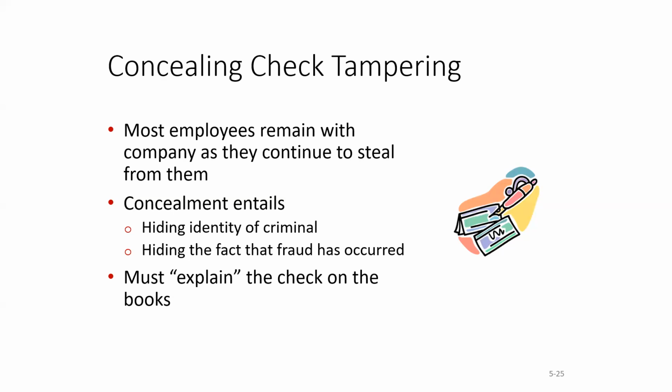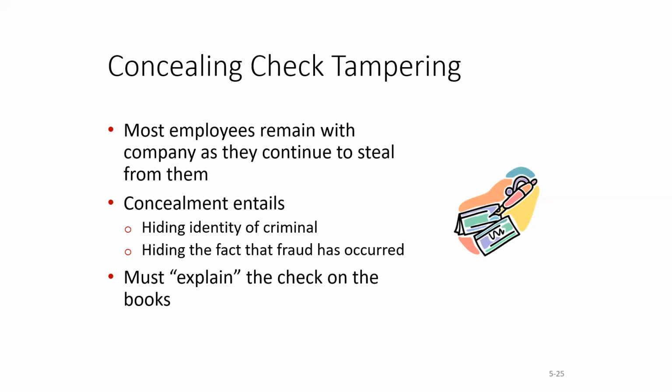Concealment of the fraud means not only hiding the identity of the criminal, but also hiding the fraud itself. The most successful frauds are those where the victim company doesn't even know that they're being robbed. So concealing that check tampering becomes important.